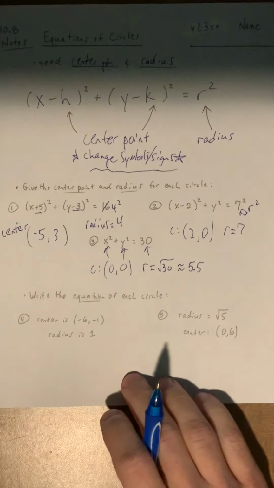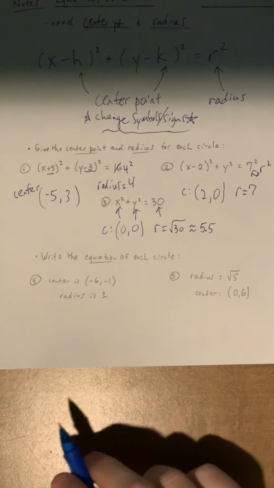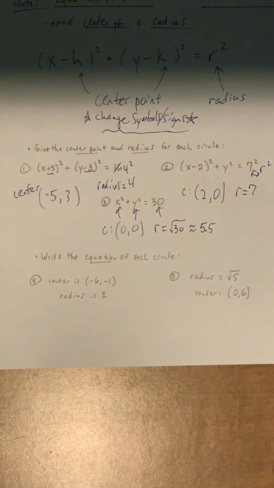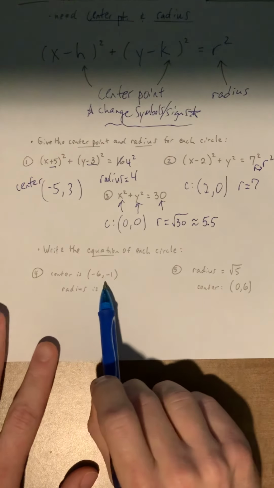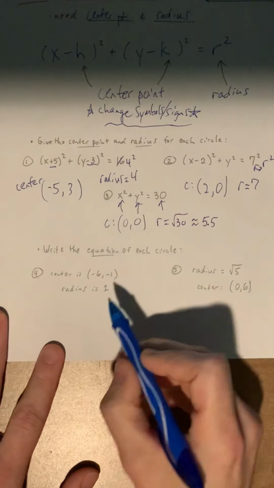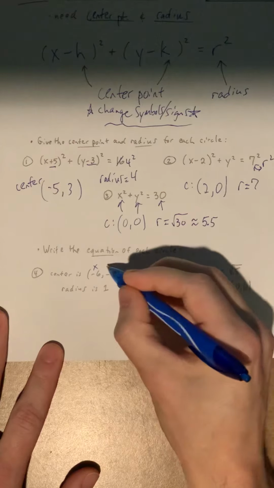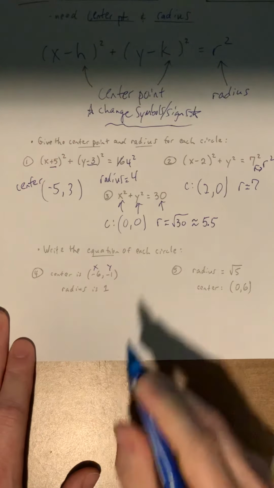All right, now let's practice writing a few of these. So 4 and 5, we're going to write the equation of each circle. All right, so number 4. The center is at -6, -1. The radius is 1. Okay, so when we put the x and y coordinates in, remember the signs are going to change.